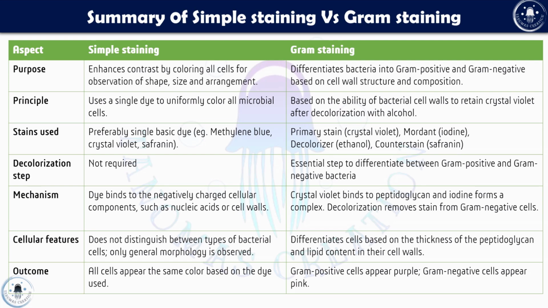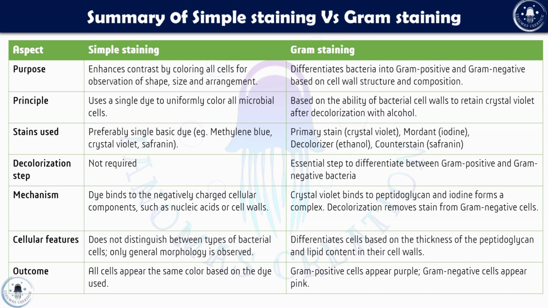Now in the decolorization step, for simple staining there is no decolorization required, whereas in gram staining it is an essential step to differentiate between gram positive and gram negative bacteria. Now in the mechanism section, for simple staining the dye binds to the negatively charged cellular components such as nucleic acids or cell walls.